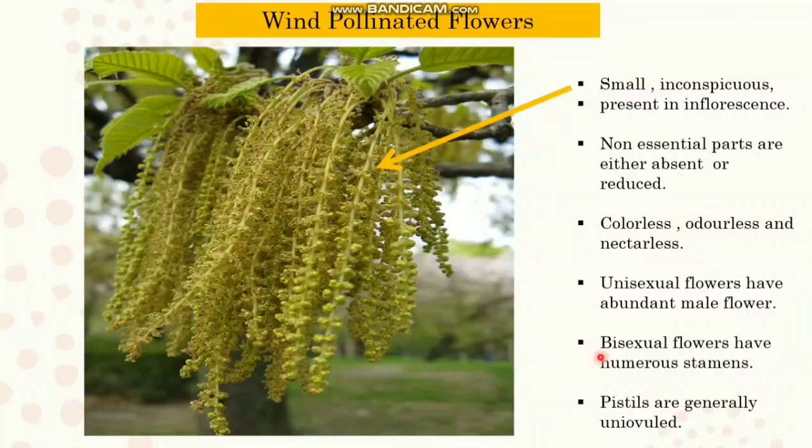And pistils generally contain one ovule or very few ovules in their ovary. Because if they produce a large number of ovules, the chances of these ovules getting fertilized is very low, as the chance of the stigma to receive a large number of pollen grains is very less.